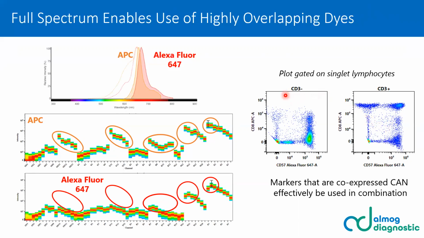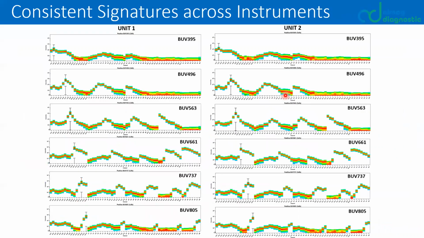Another advantage in all Cytek instruments is the consistency of the signals between different instruments. This is possible thanks to the fact that you don't need to adjust the voltages. The consistency of the signals between different instruments is of high importance for biotech companies that need standardized data between different instruments installed in different sites.